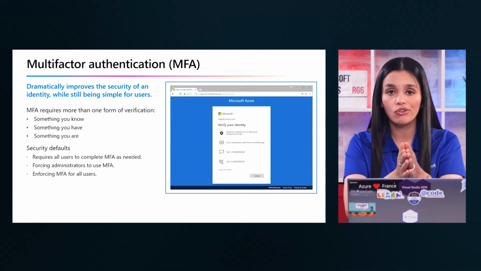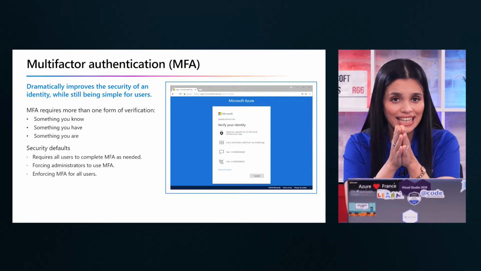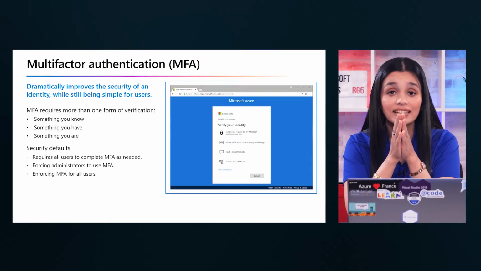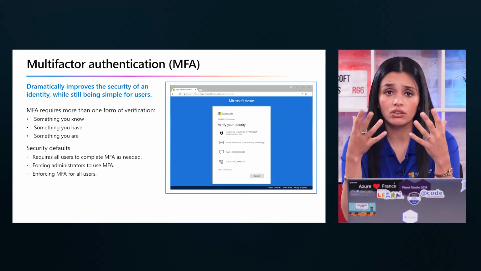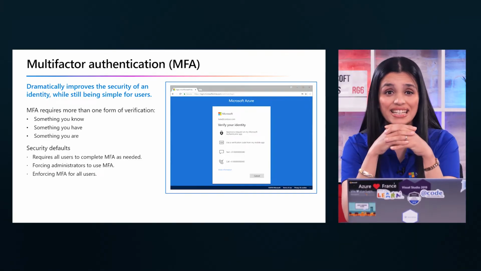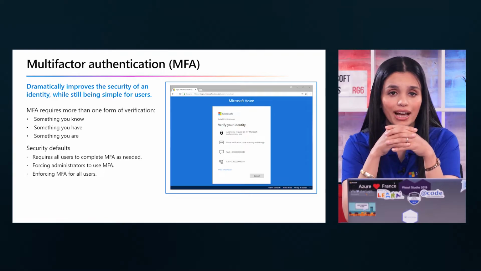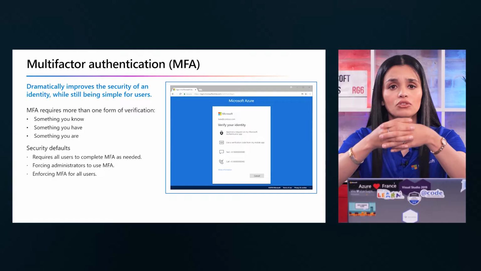Finally, we want something that they are. Basically, this is identifying an individual using their biometrics. Could be voice recognition or facial recognition. So putting those together in a mix will ensure that we have strongly challenged users that are trying to log into a service.